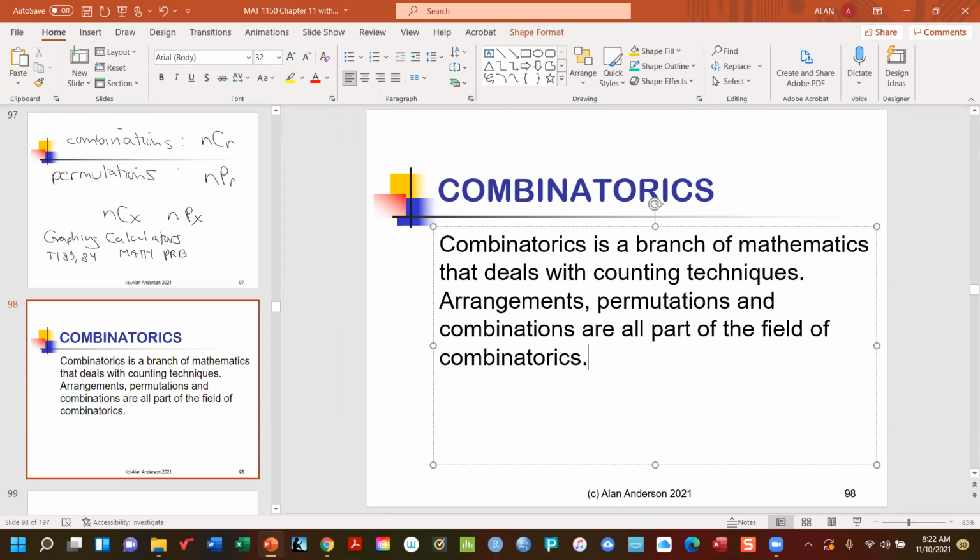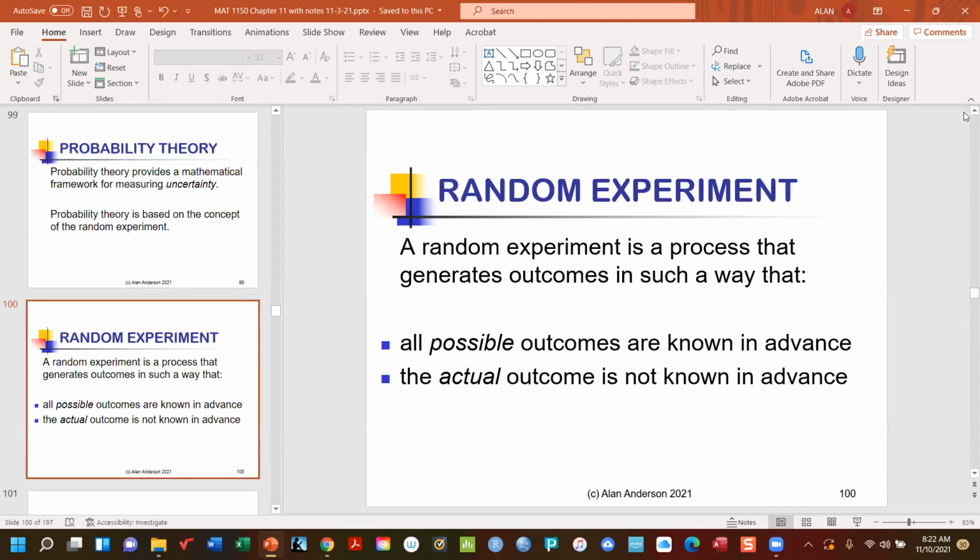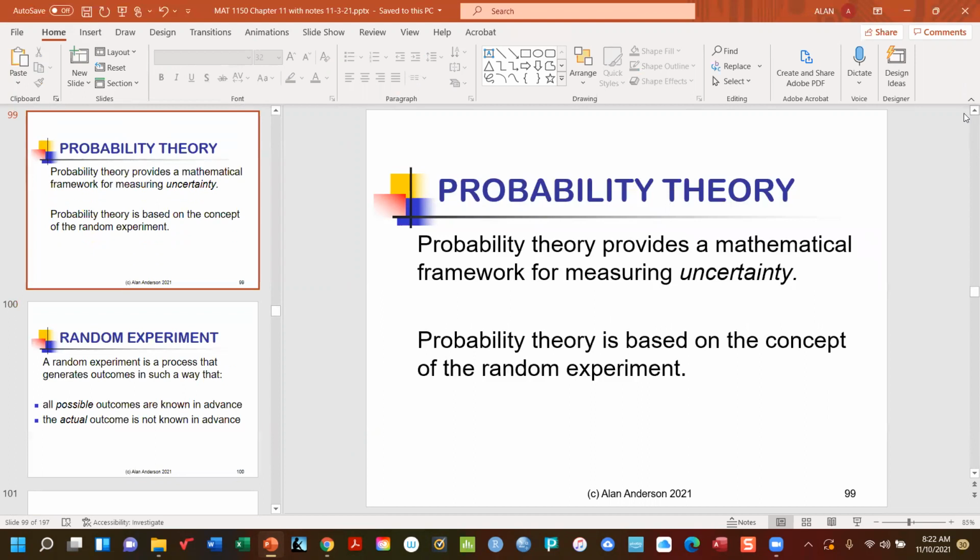The reason why we study this now is because it provides us with the background we need for probability theory itself, which is another separate branch of mathematics. What we're trying to do is quantify uncertainty.